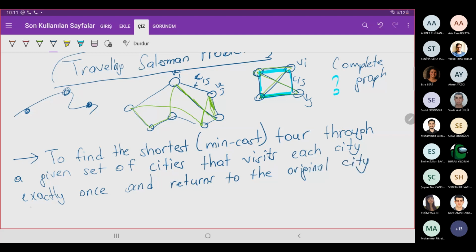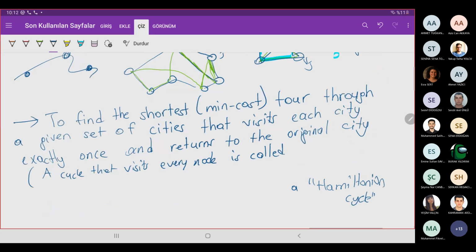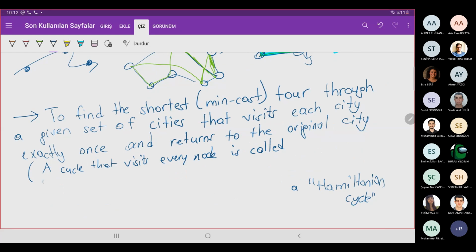So this is actually called a Hamiltonian cycle, this kind of a cycle that visits every node is called a Hamiltonian cycle. Input is a complete graph.